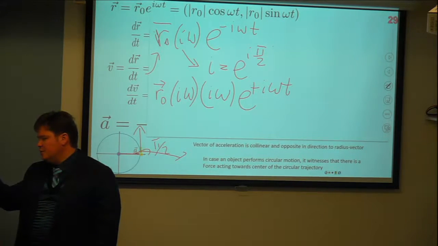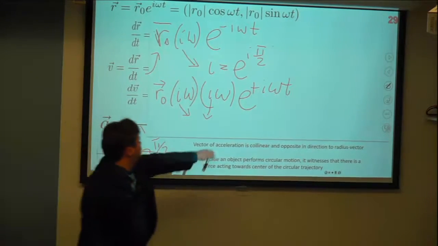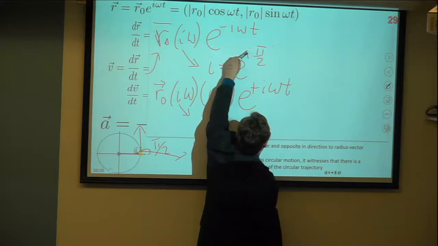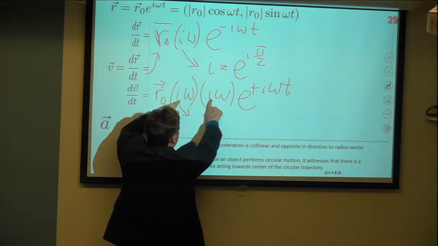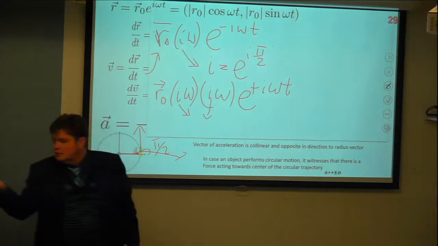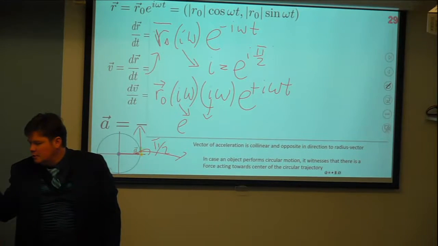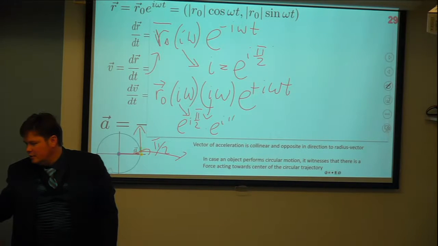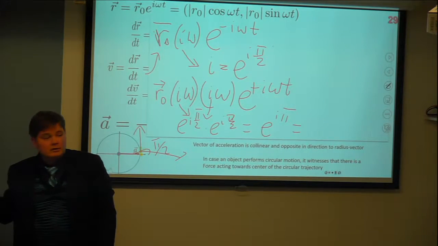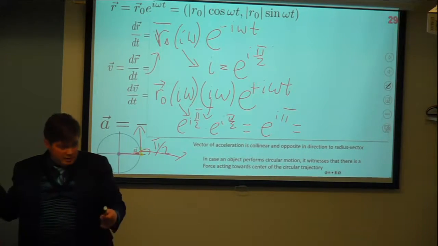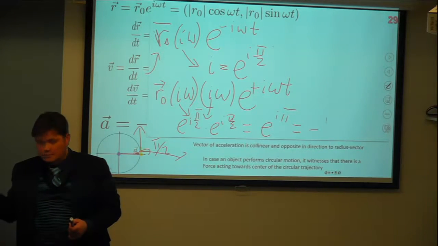Now each imaginary unit is e to the power i pi over 2. If we perform this operation twice, it will be e to the i pi over 2 times e to the i pi over 2, e to the i pi, which equals what? Minus 1. Yes, minus 1.